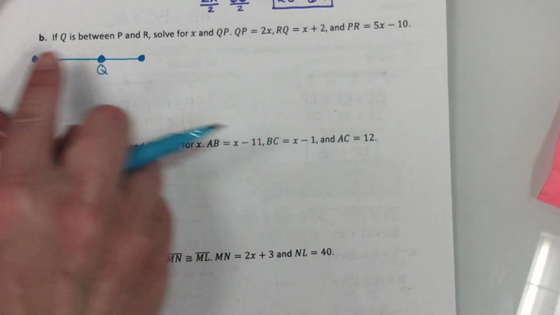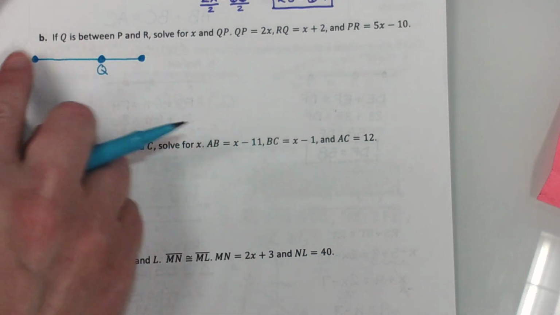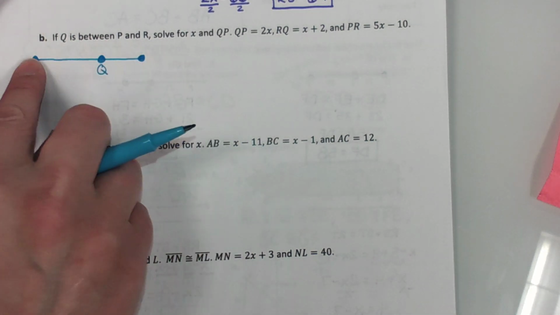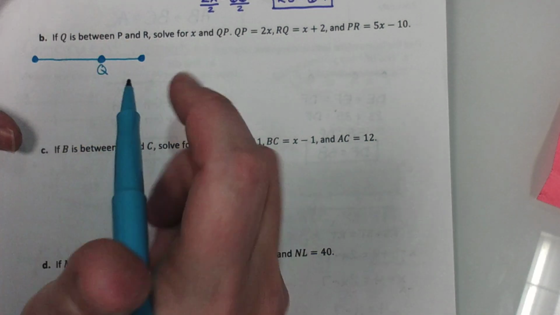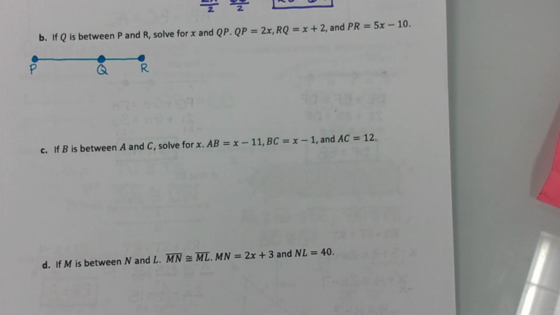Doesn't matter which one's P and which one's R. Left is P. Technically, it doesn't matter. It says P and R, so it's P then R. It doesn't have to go in that order, though, but it can. It makes more sense for most people to do it that way.